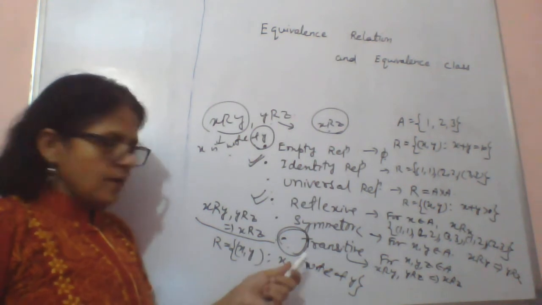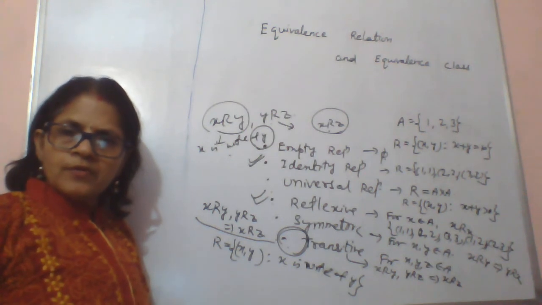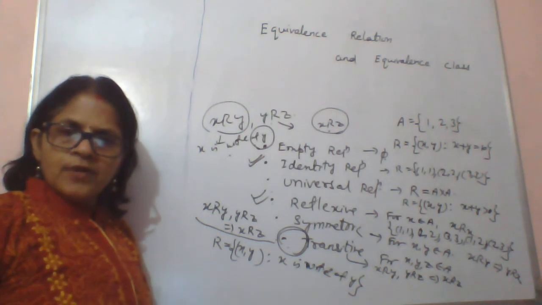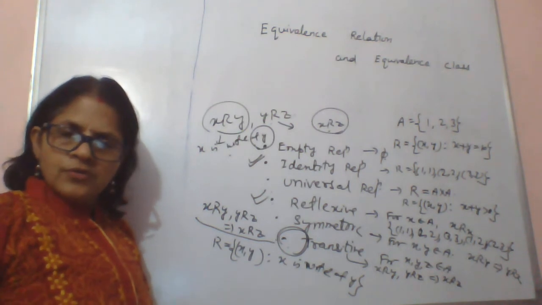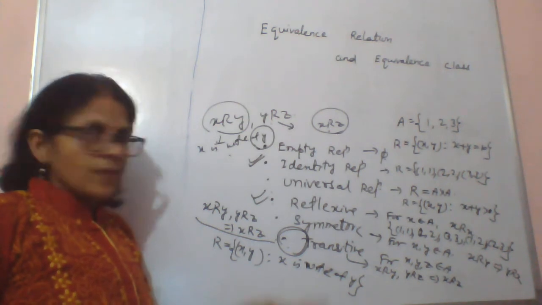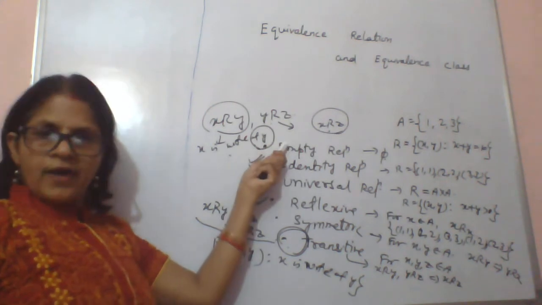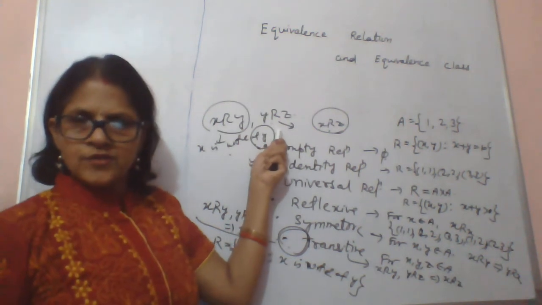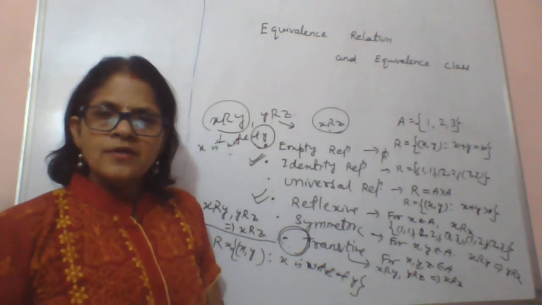For example, L1 perpendicular to L2, L2 perpendicular to L3, so L1 perpendicular to L3 is not true. In that case the relation is there, but it is not transitive. But here the relation is not true in fact, so we cannot even reach that relation. That's why this case can be taken as transitive.